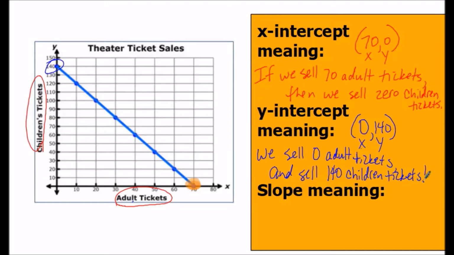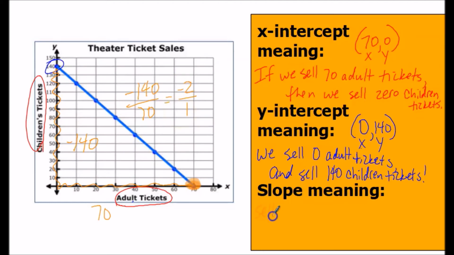And then slope meaning really quickly. Remember, I think when you're dealing with these problems, it's easier to go axis to axis. So let's change colors. So here I'm going down. I went down 140 and over 70. So technically that's 140 over 70, which is technically down 2 over 1. And so we're selling 2 less tickets per adult ticket, right?